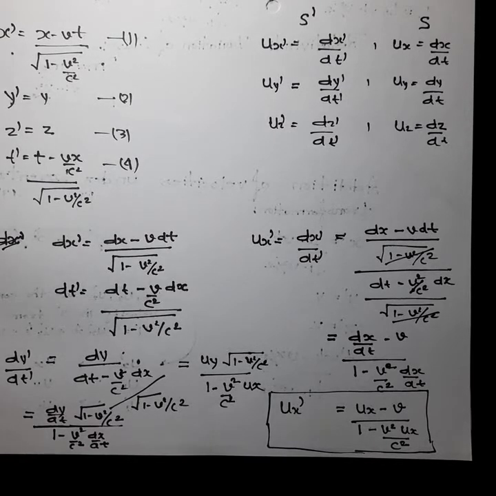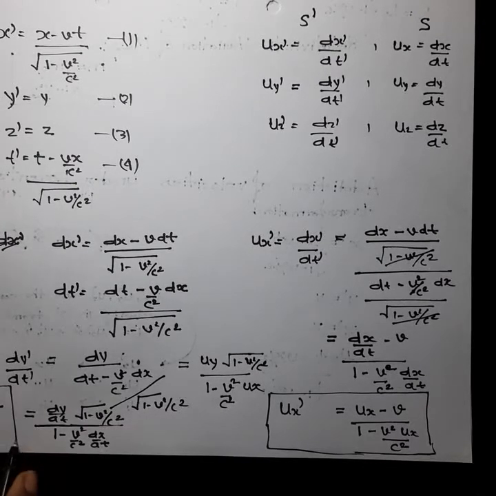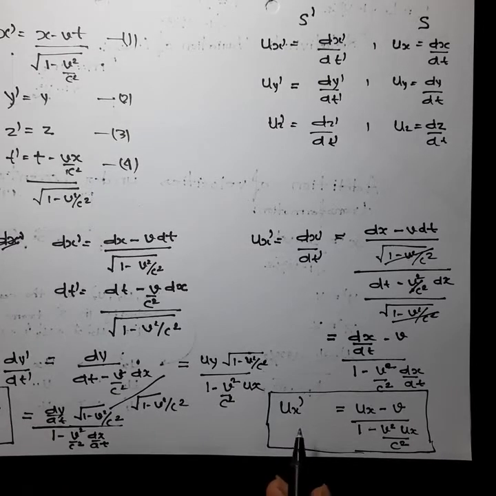So uy dash can be written as uy times square root of 1 minus v square by c square, divided by 1 minus v square by c square multiplied by ux. So we have the expression for ux dash, and we have uy dash.